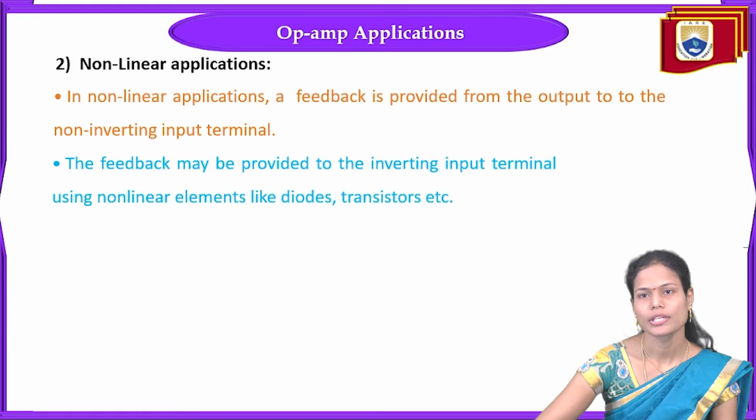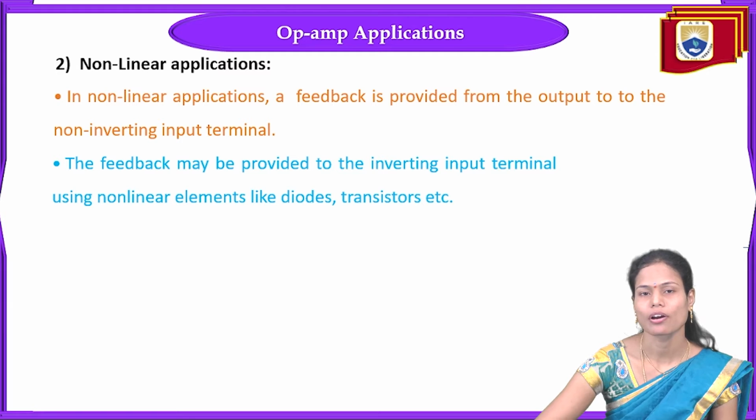In this case, the feedback may also be provided to the inverting input terminal through non-linear elements like diodes or transistors. In diodes as well as transistors, the output voltage does not vary linearly with respect to time. It always varies non-linearly.